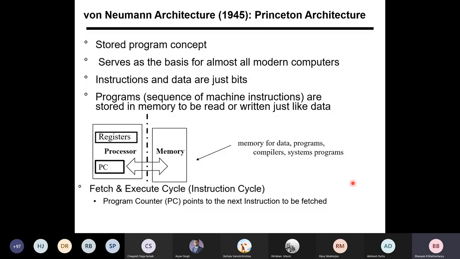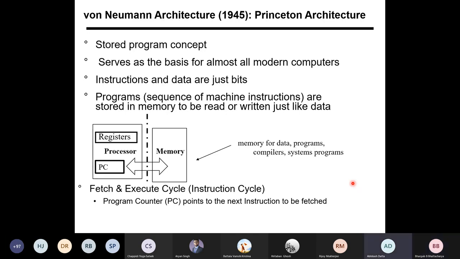Any doubt or you need clarification? Any question regarding program counter? It's a special register in the processor which points to the next instruction to be fetched.